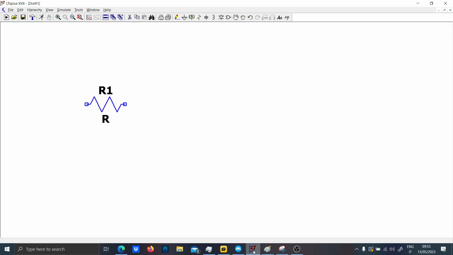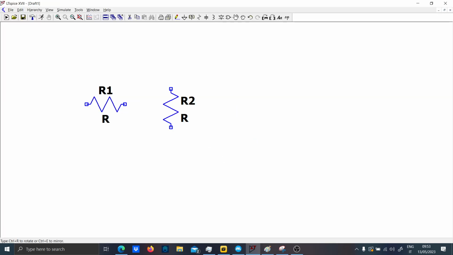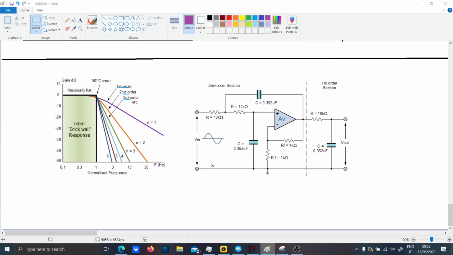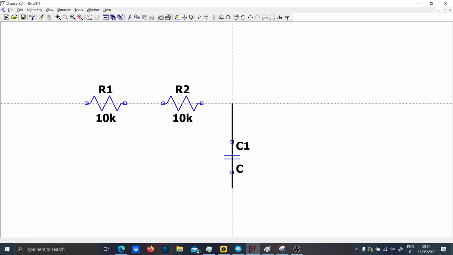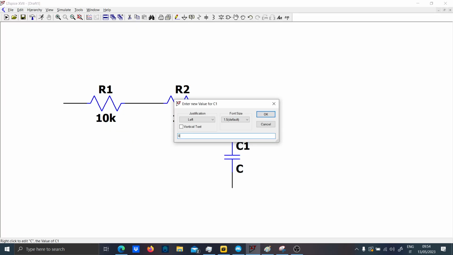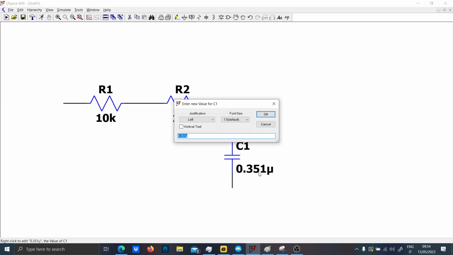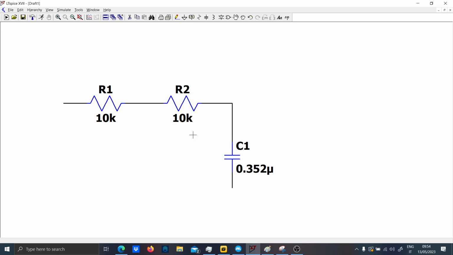R1. Now we need R2. This is 10 kilo, 10 kilo. C equal to 0.31 micro. Is this correct? Let me put exact components.